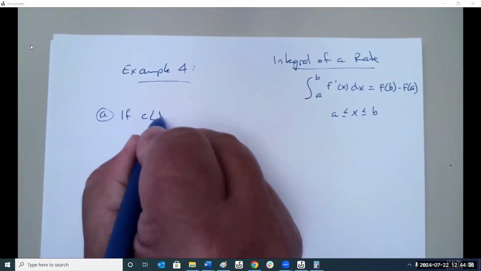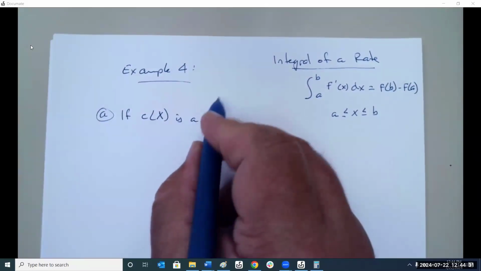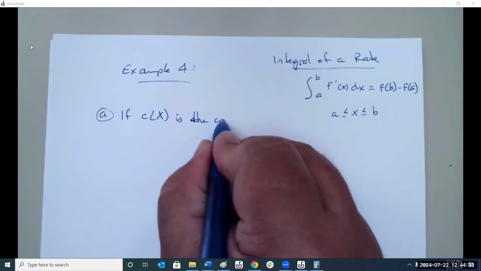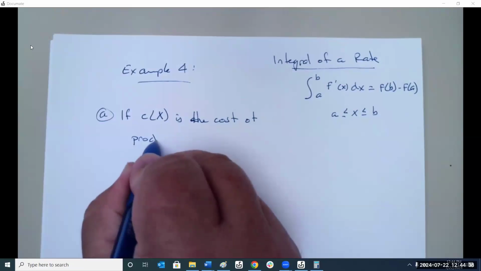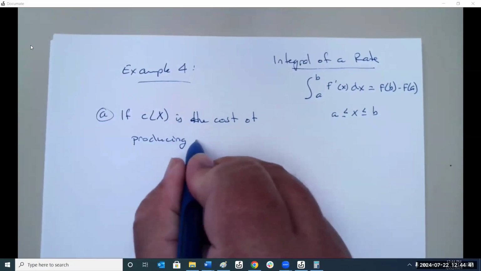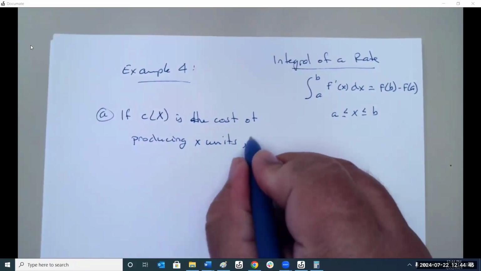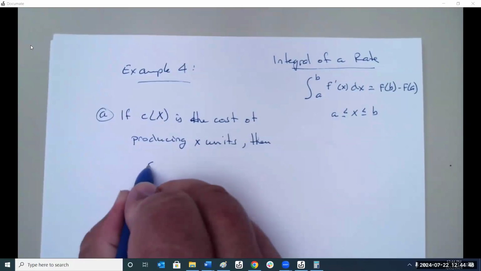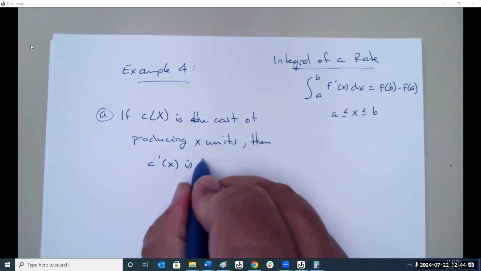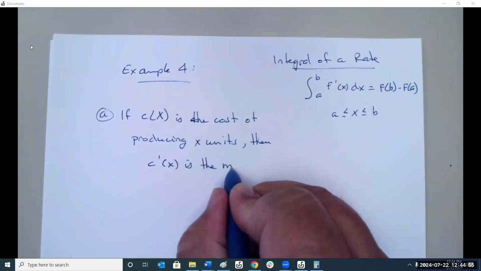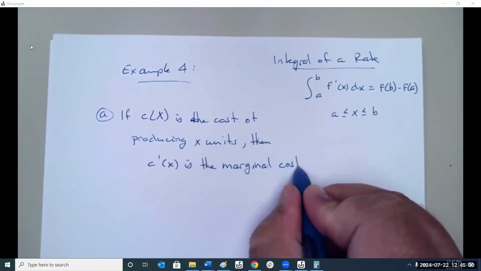If C of x is the cost of producing x units, then C prime is the marginal cost.